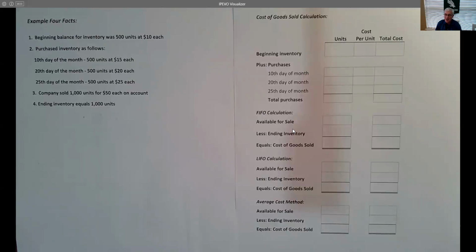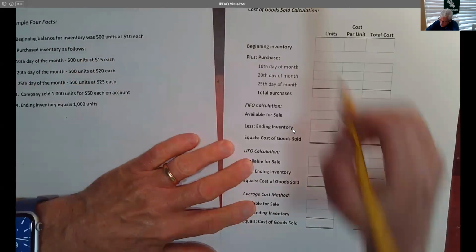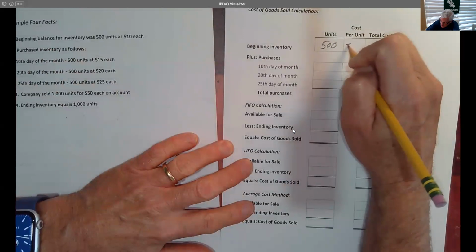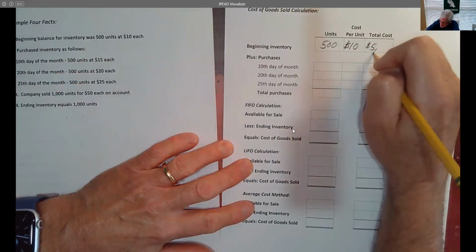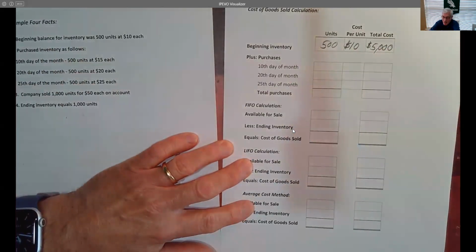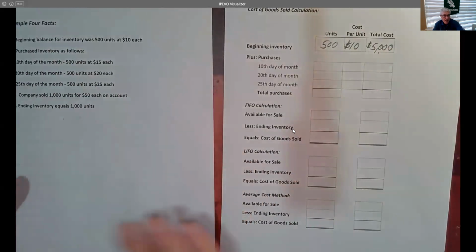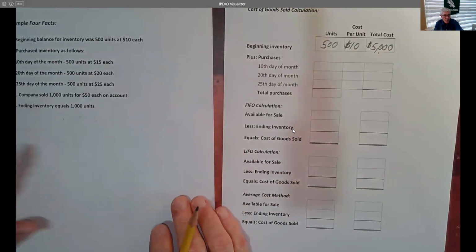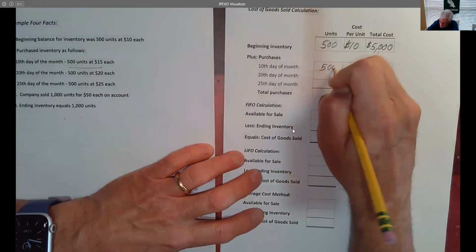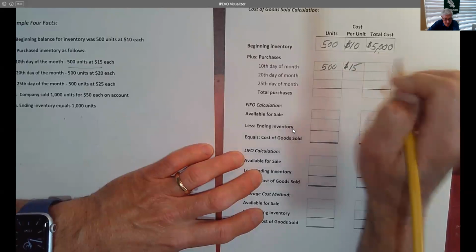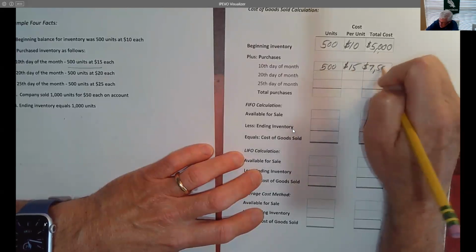All right, you're back now. All right, here you go. Example 4, beginning inventory, 500 units at $10 each, $5,000. By the way, that was what was on our balance sheet at the end of the last accounting period. Now, on the 10th day of month, we bought 500 units at $15 each. 15 times 500 is 7,500.